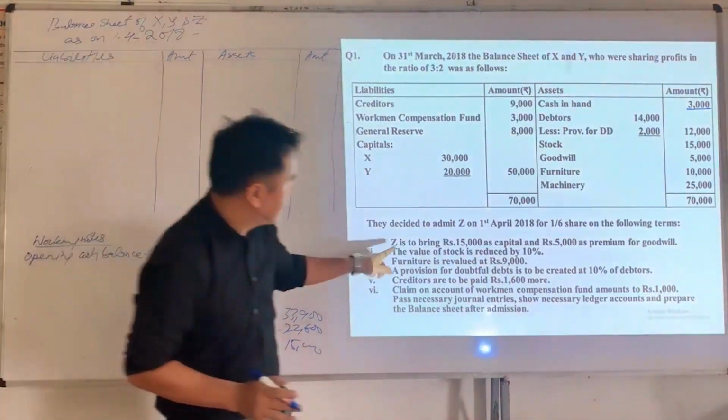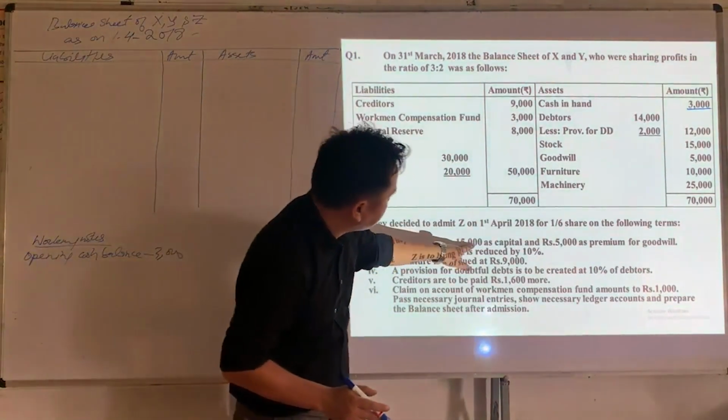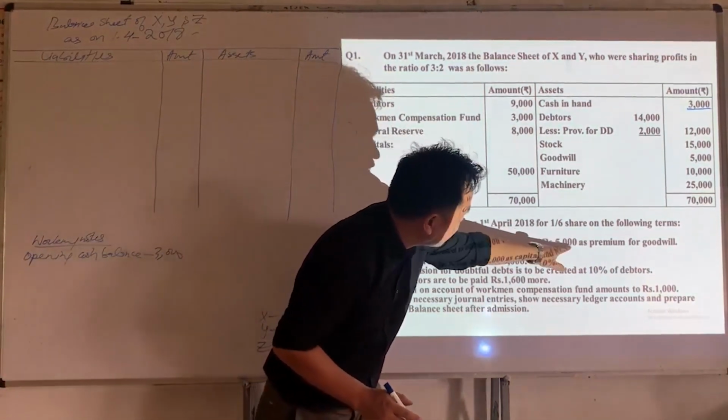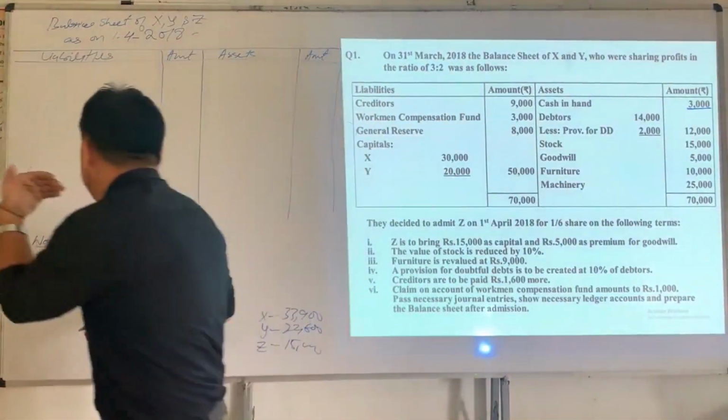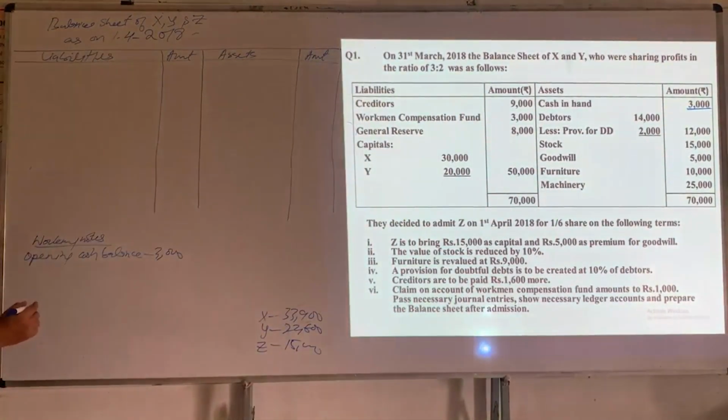So here the opening cash balance is rupees 3,000. Since Z has brought rupees 15,000 as capital and rupees 5,000 as premium for goodwill in cash, cash will be increased by rupees 20,000.